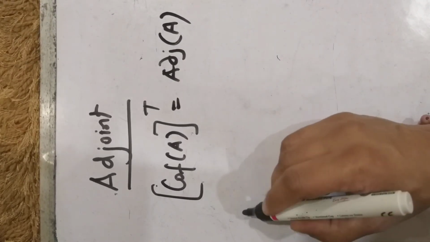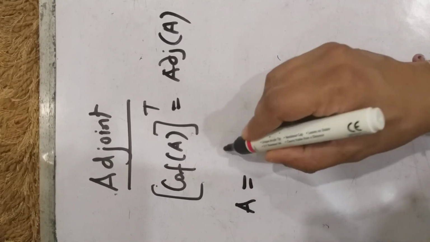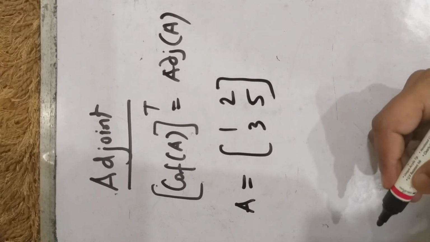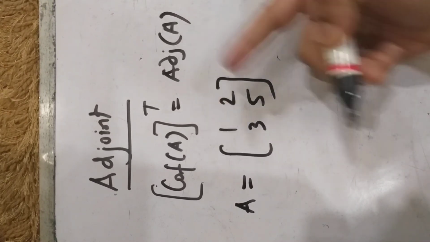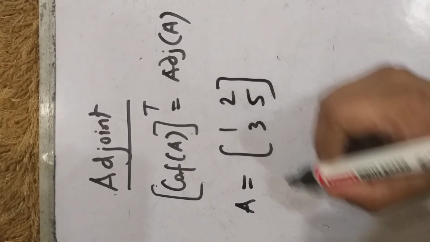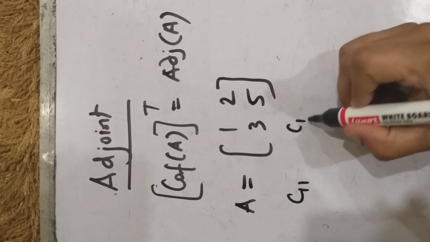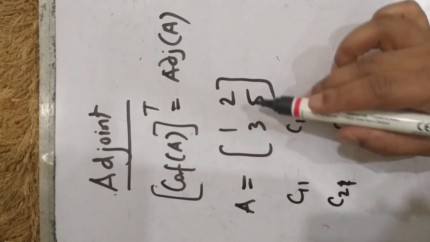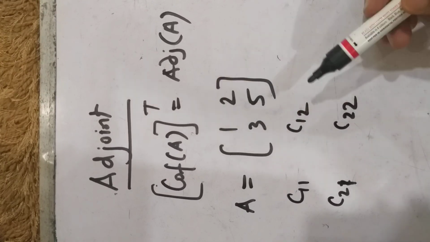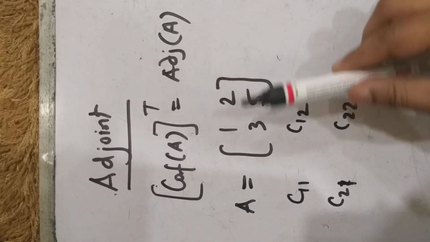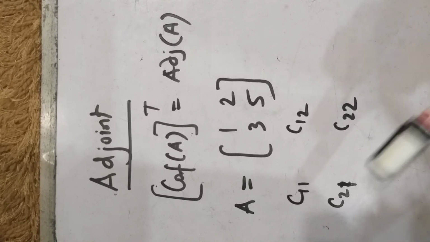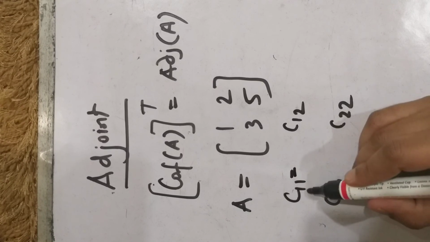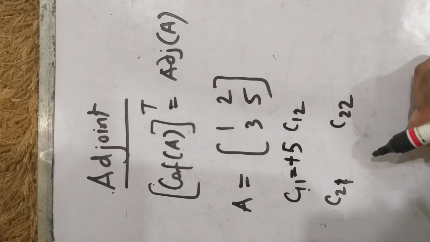Say for example I have a matrix A. A is 1 2 3 5. I want to find the adjoint of A. So let us find C11, C12, C21 and C22. These are the cofactors of these elements. If I block the first row and column, I get 5, and the position is plus, because 1 plus 1 is 2, so plus 5.